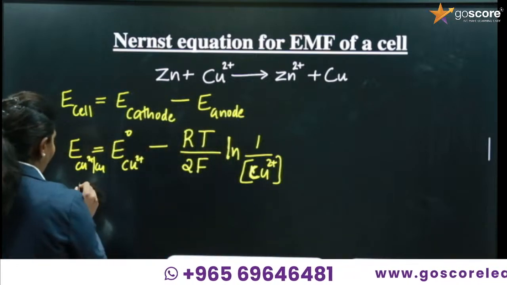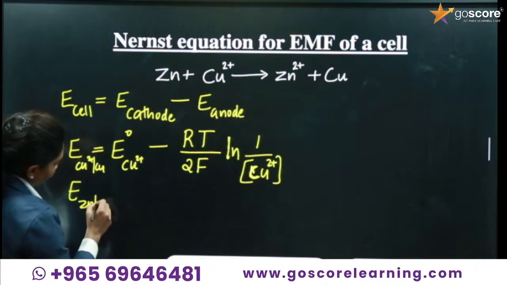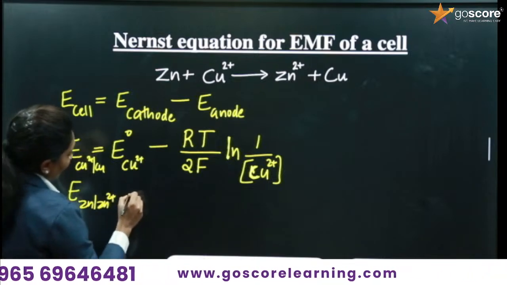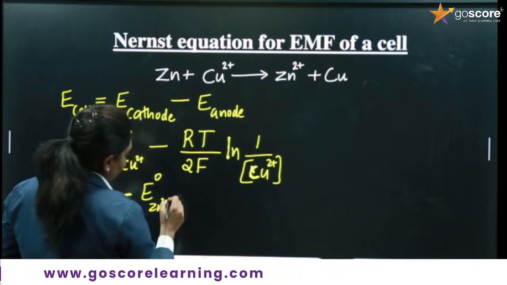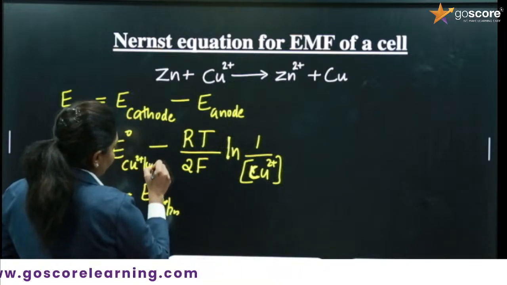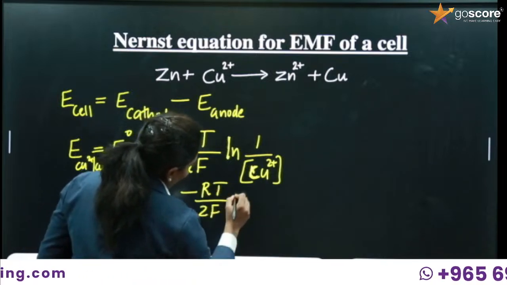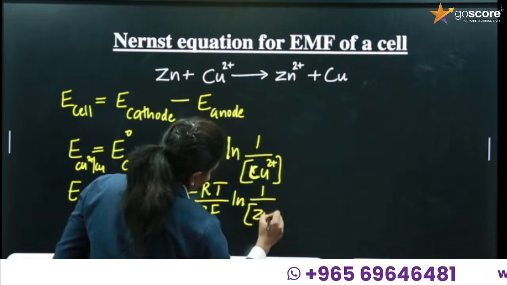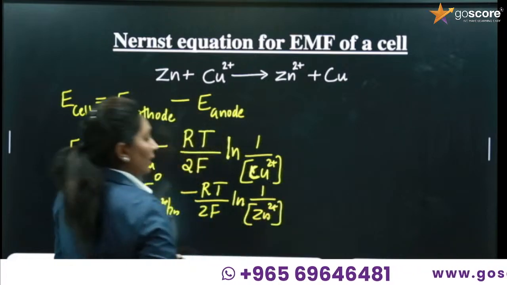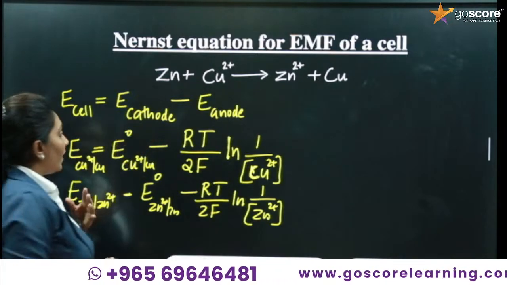Then what about the anode, that is Zn bar, Zn2 plus: it will be E naught Zn2 plus slash Zn minus RT by 2F ln 1 by concentration of Zn2 plus, right? So what do we want to find out? We subtract these values, right?